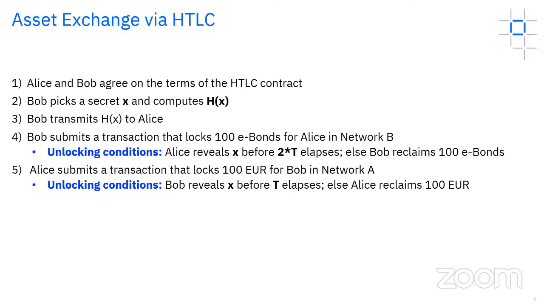Here, the timeout will be T, whereas in Bob's transaction the timeout was double T. And if Bob does not reveal the secret before this timeout elapses, then Alice would be able to just get back her 100 euros.